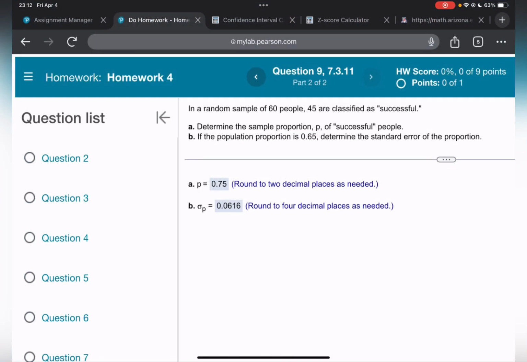There we go, 0.75. Now, in the next one, we need to find, if the population proportion is 0.65, the standard error of the proportion.